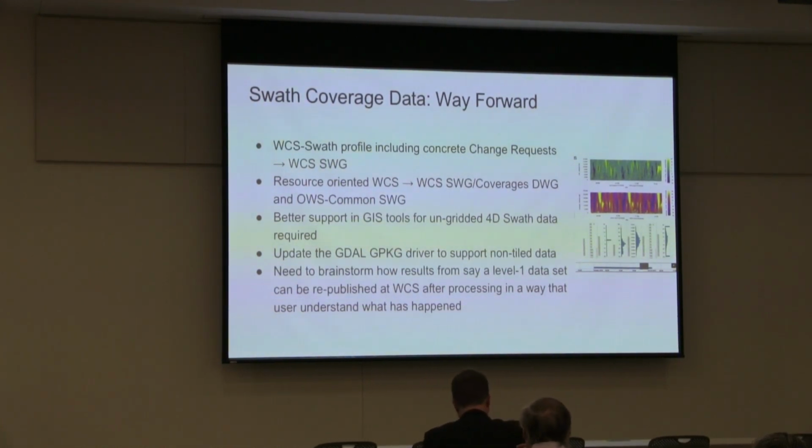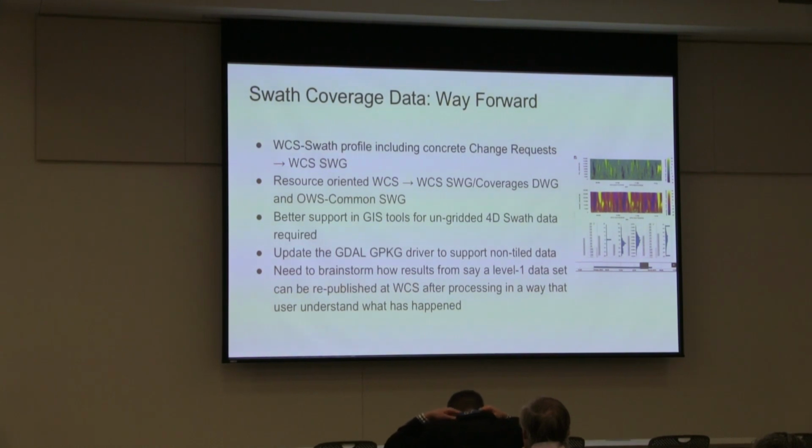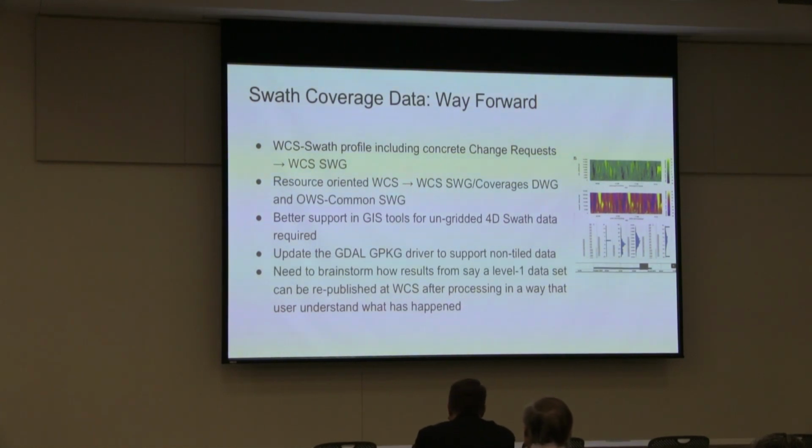Further on, it turns out the SWOT data support is pretty limited in a lot of the current GIS tools, in particular for complex data types such as those vertical curtains that I showed at the beginning. So we need to develop more of those clients and increase those capabilities in current GIS clients.